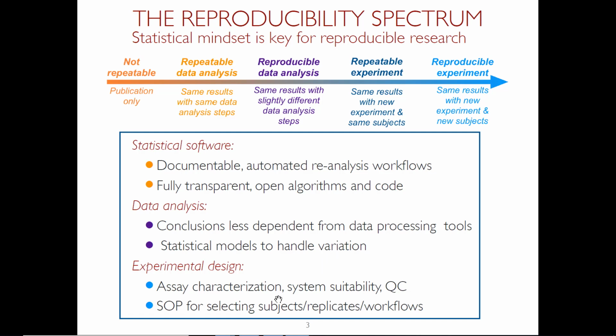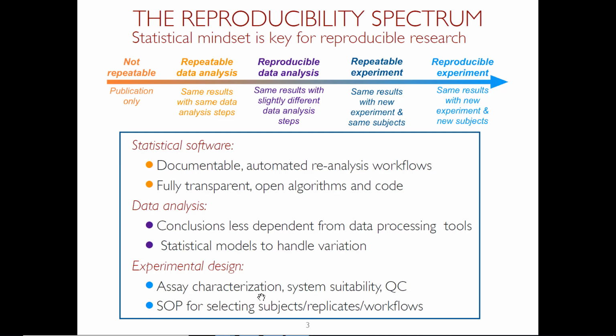And then the last part, and this is really crucial, is the experimental design. Because even if our data are collected well and maybe analyzed in a way which is open and transparent and so on, if the experimental design was done incorrectly, there's no statistical sophistication that can essentially compensate for the poor experimental design.